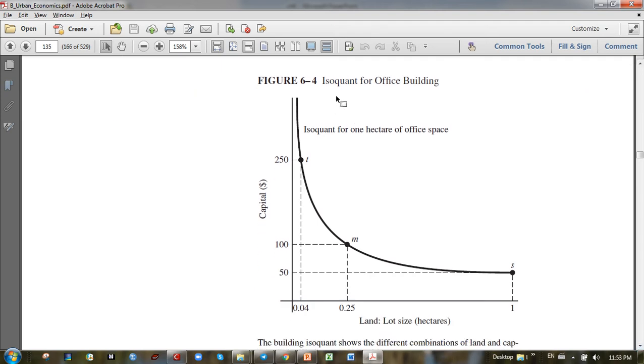With factor substitution, you see this is the isoquant for 1 hectare of land. This is land size. This is capital use. What does capital refer to? Machinery, cement. We're talking about building: cement, steel, and the other framework of the building.